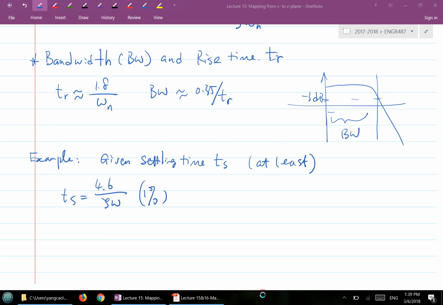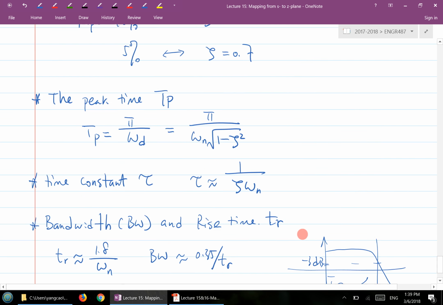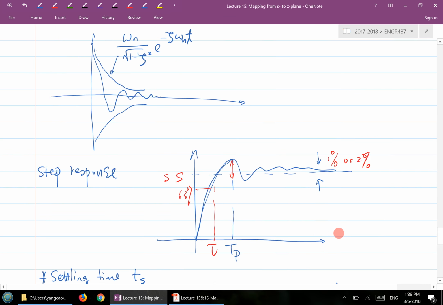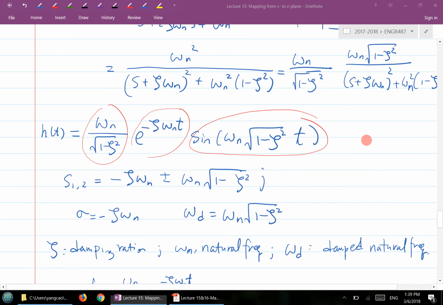Now the bottom here is zeta omega n. In terms of notation, when you have a second order system, what is the root? The root has a real part, which is negative zeta omega n, right? That's the root of a second order system.